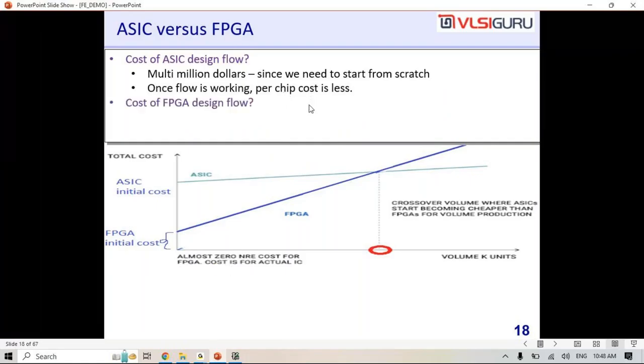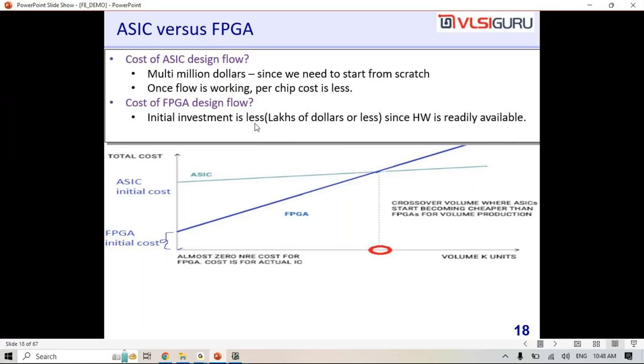Whereas in FPGA, the initial investment is less. Why? Because hardware is readily available. The initial investment is maybe a few lakhs of dollars, since hardware is readily available. But per chip cost will be more. I mean, manufacturing per chip will be more.